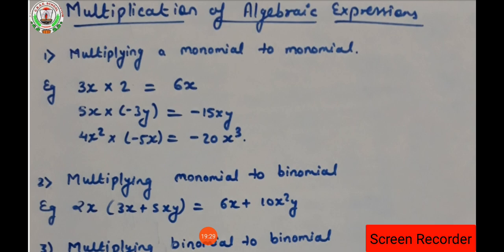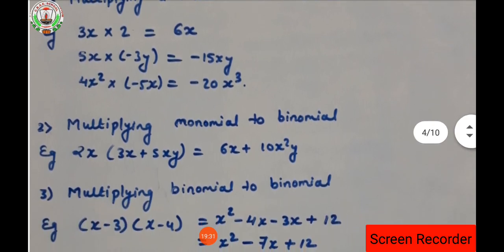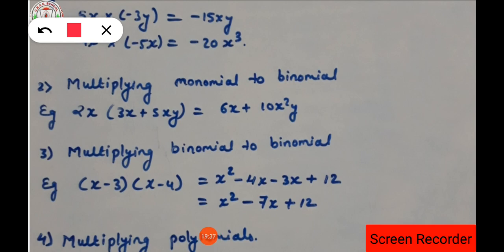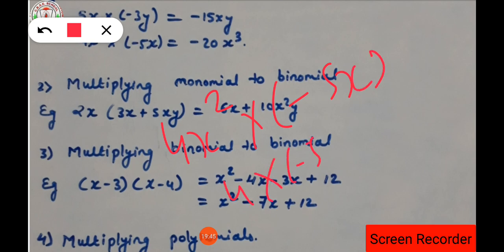In the same way, what is the next example we are having here? 4x square multiplied with minus 5x. So 4 into minus 5 will be how much? Minus 20, isn't it? And what about the variables?